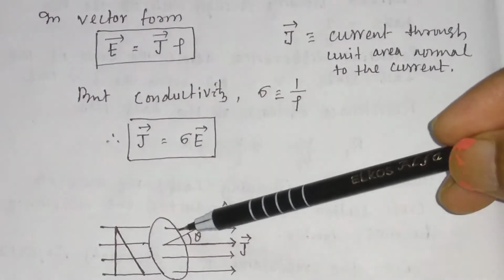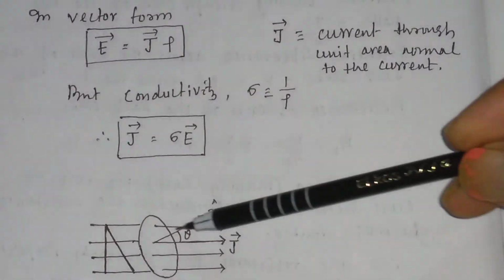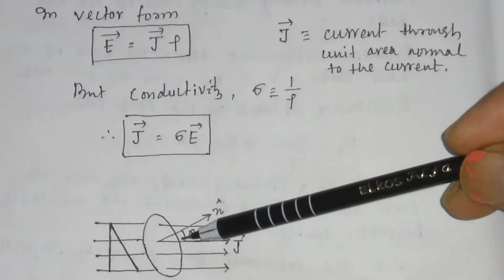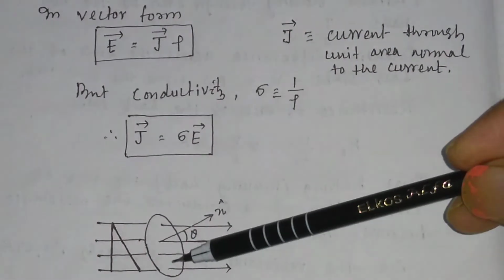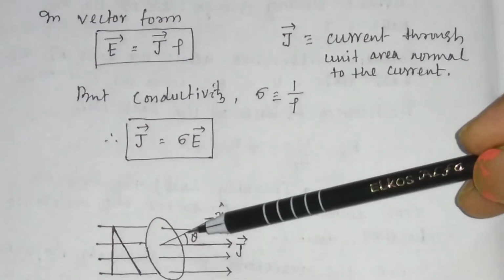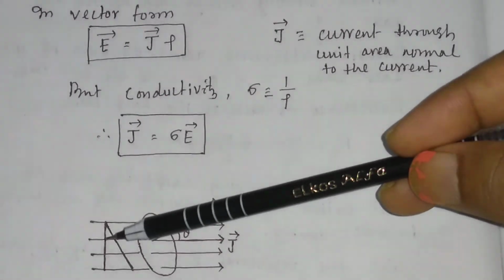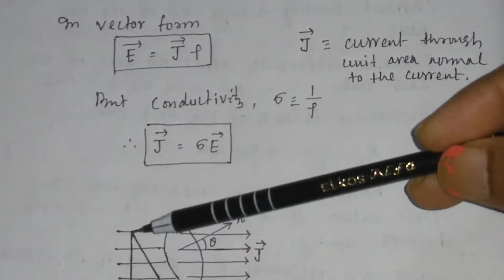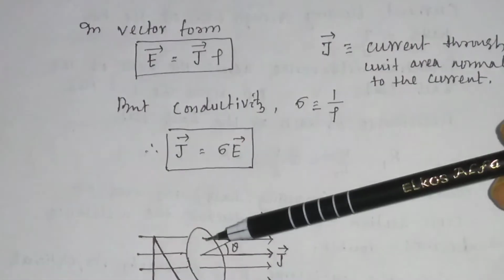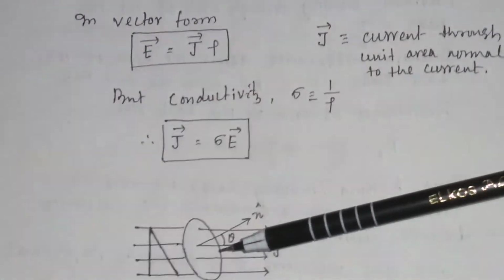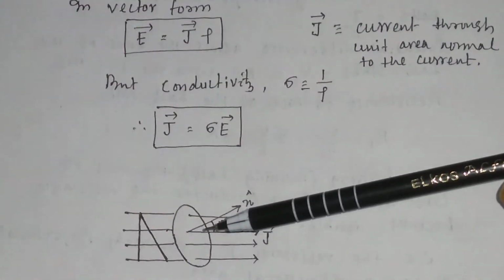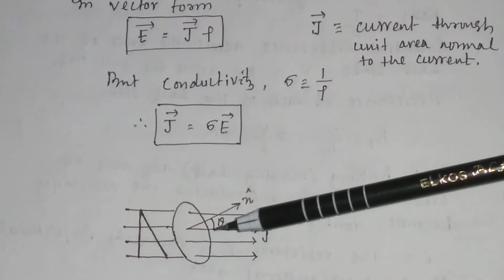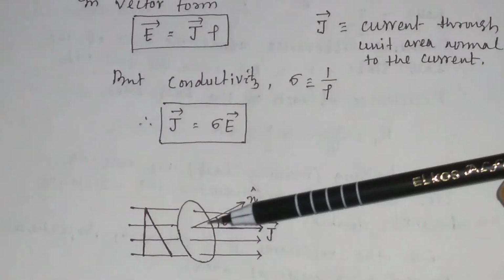You see, this is the direction of the current and this is the direction of the area. The direction of the area is not always normal to the direction of the current. That means the area is not always like this. The area may be like this, and when the area is like this or this, there will be an angle between the direction of the current and the direction of the area.